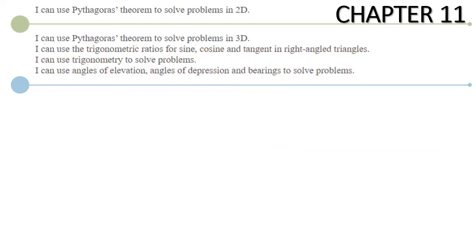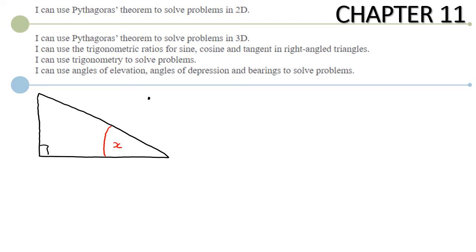So let's just remind ourselves about trigonometry. If you've got any trigonometry question, you always tackle it the same way. Okay, let's call this angle x. So step number 1, we need to label the triangle. You're going to label it using H for hypotenuse, A for adjacent, O for opposite.